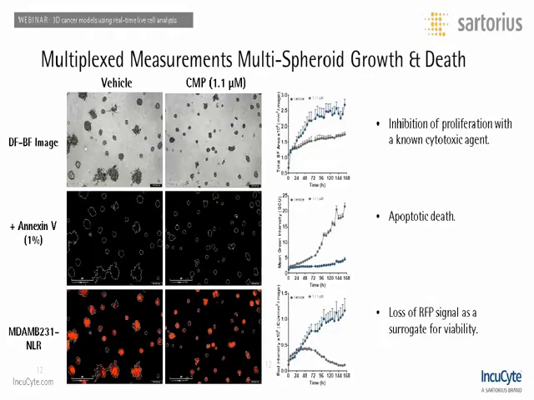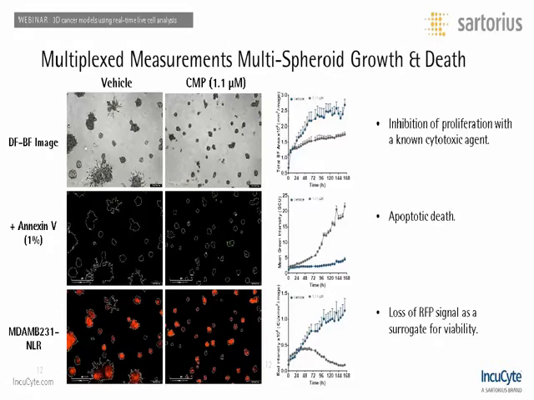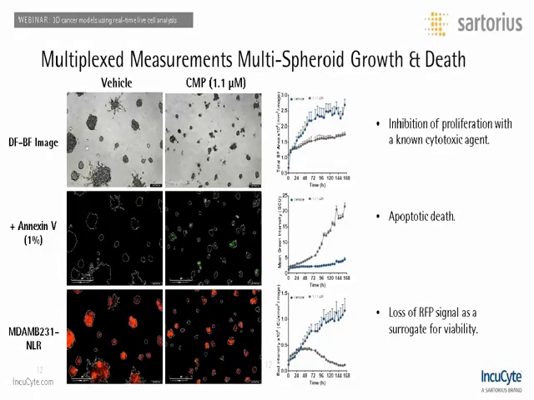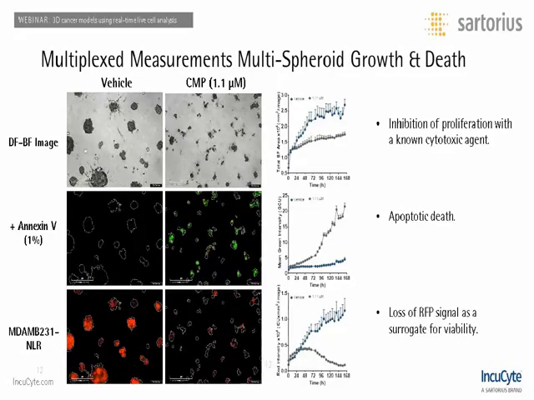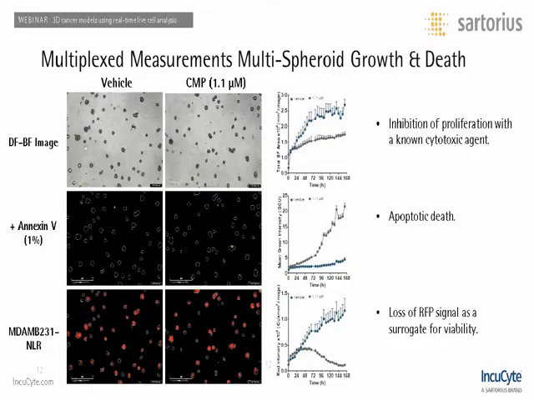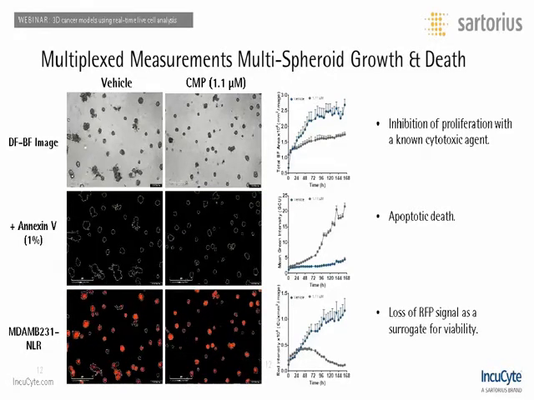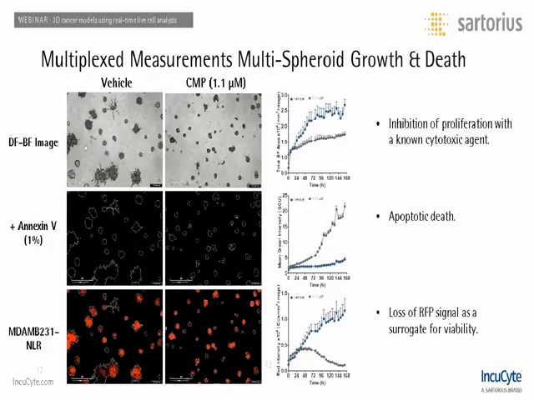Now, the use of the IncuCyte cell health reagents can be extended for use with multispheroids. Here we have an example of MDA MB231 multispheroids treated with camptothecin, just like the previous example.